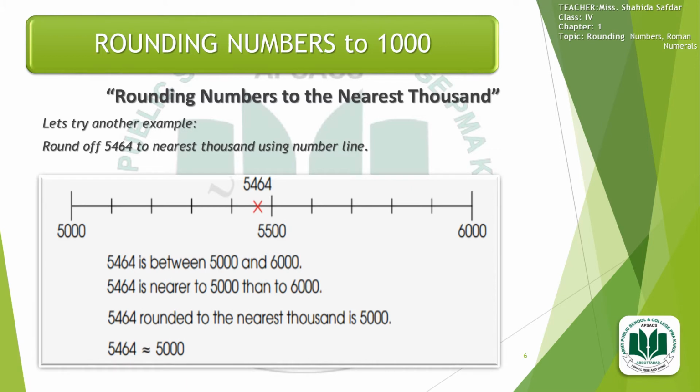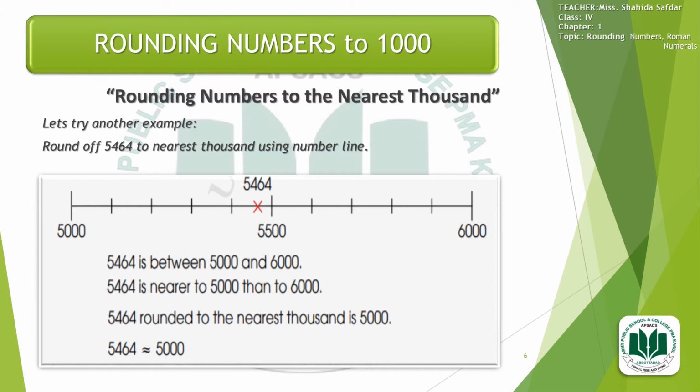Now we will solve an example of how to round numbers to nearest thousand by using a number line. For this we have taken an example: round off 5464 to nearest thousand using number line. For this, we have drawn a number line between 5000 and 6000.